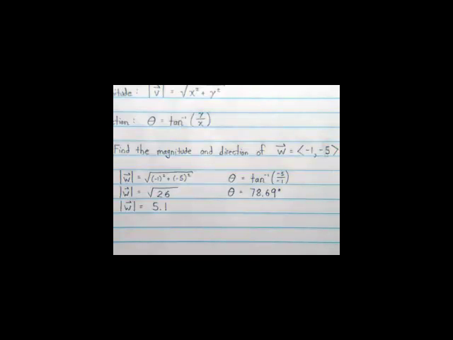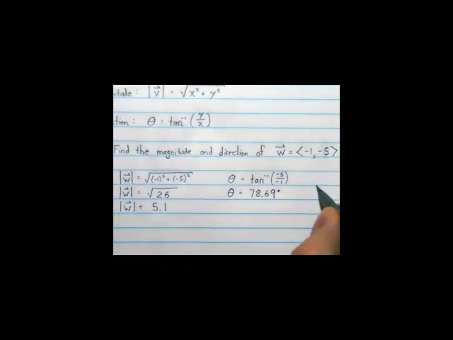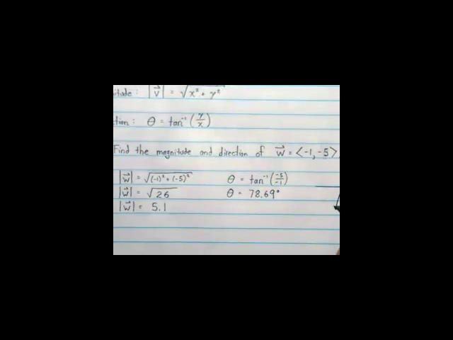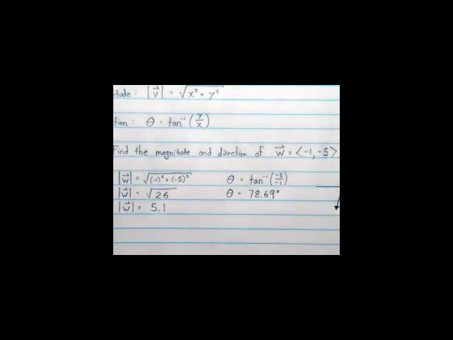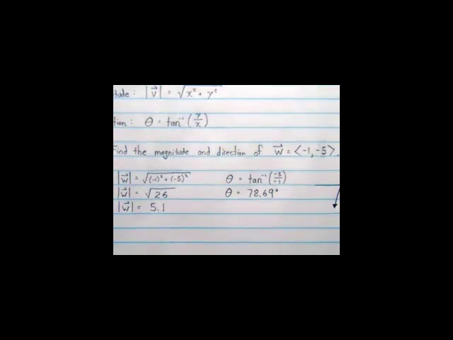Exactly. Okay? So, because this vector, and I'm going to draw a quick little sketch of it over here, it goes negative 1, negative 5, so it's doing something kind of like this. Pretend like it's straight. So, if I had 78.69 degrees, 90 degrees is just to here, right? So this angle is only taking us to here.